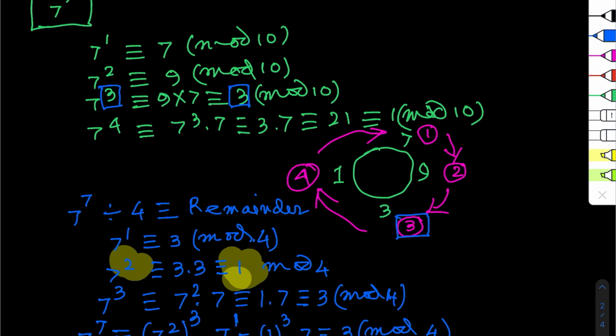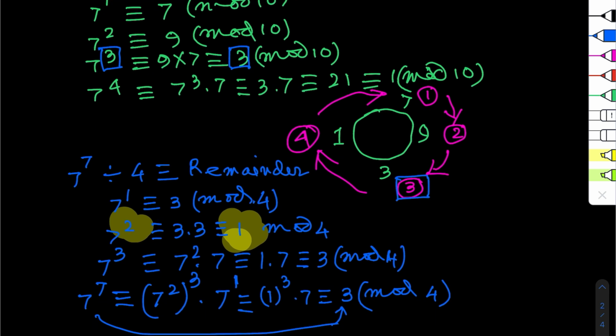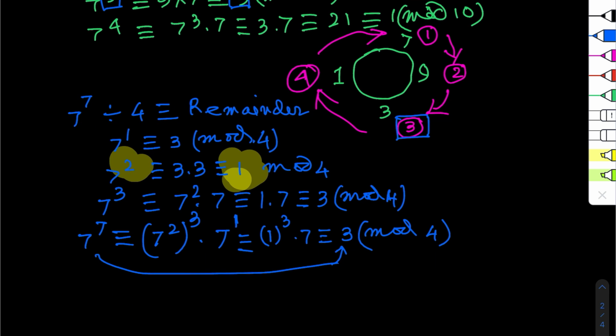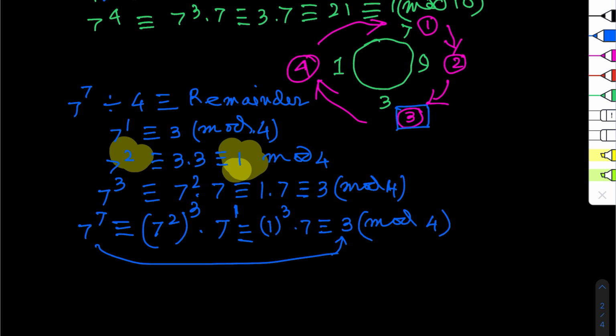So 3 will be the last digit of 7 to the power 7. That will be the answer. We can understand it very well, and also algebraically we can find it more clearly in this way.